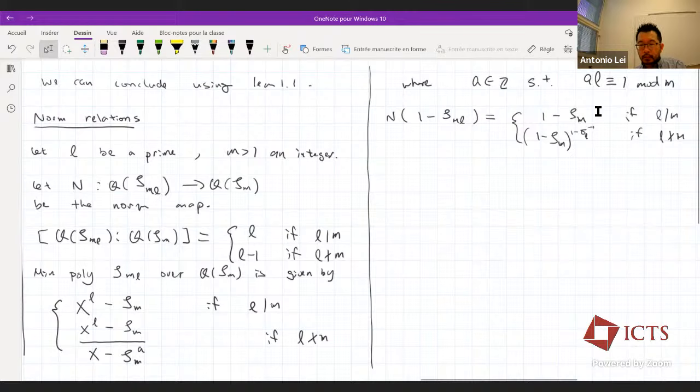Why do you have minus 1? Because, well, this a is like the L inverse mod M, right?